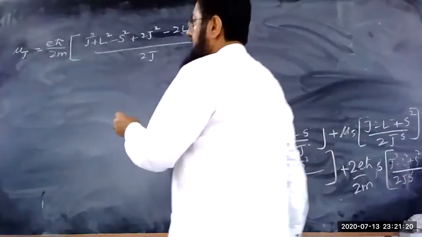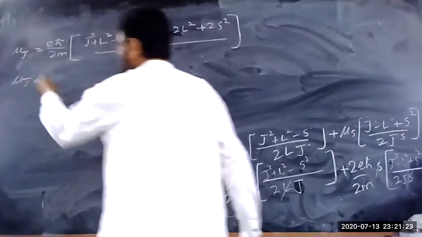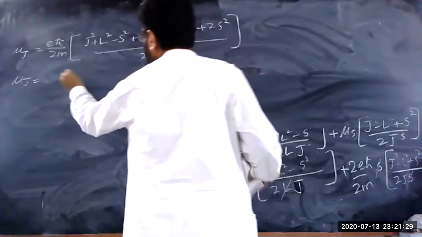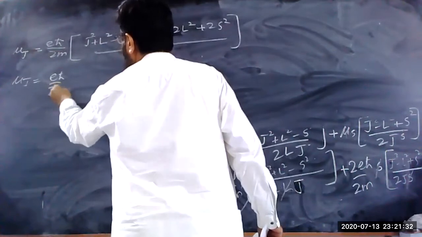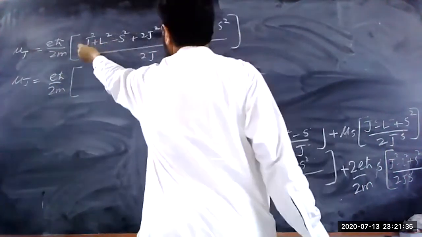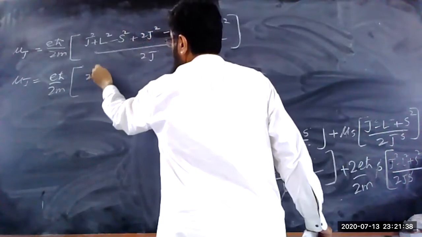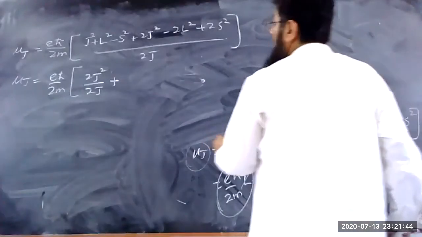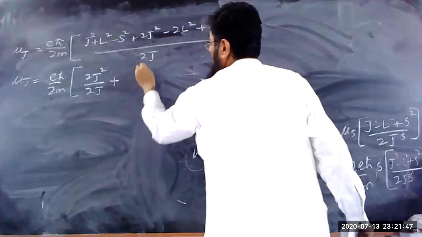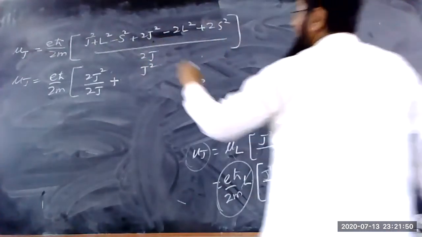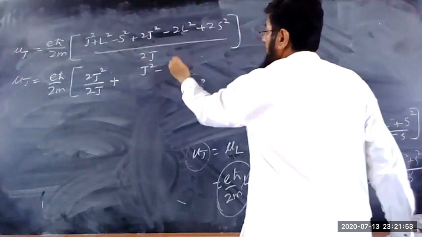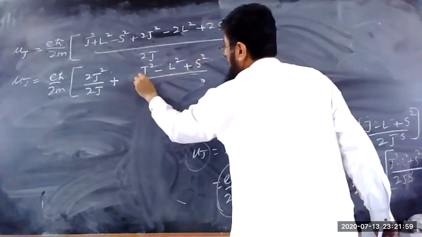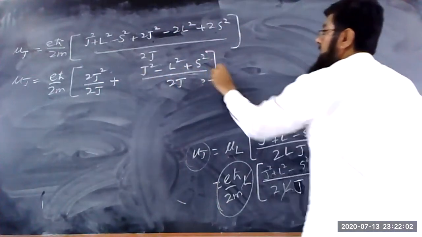Here mu of J is equal to e h cut over 2m. This can be written as J square and 2J square, so we may simplify it as 2J square into 2J plus the remaining term, J square. This is L square minus 2L square, so it is minus L square, minus S square plus 2S square, so it becomes simply S square, into 2J.